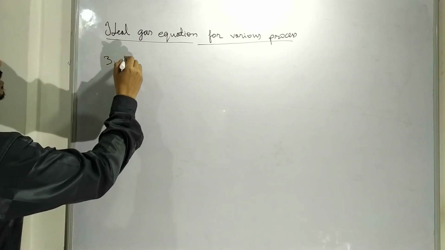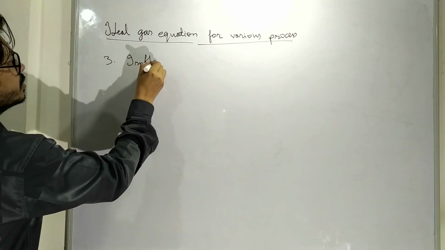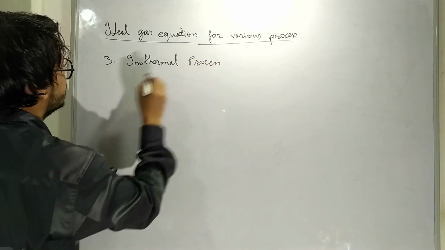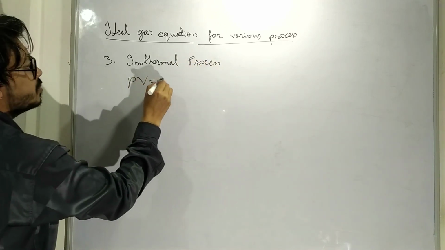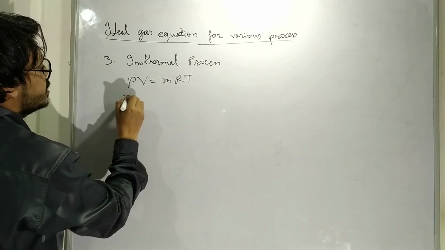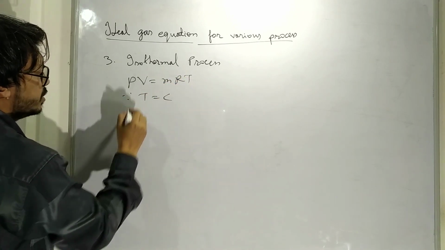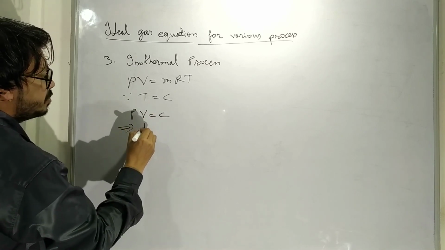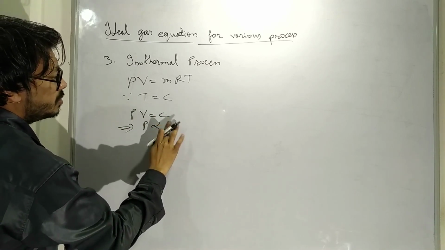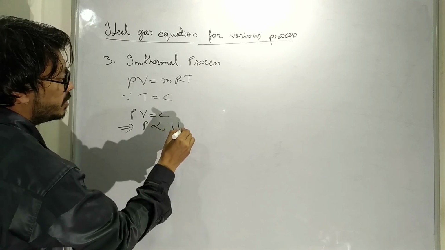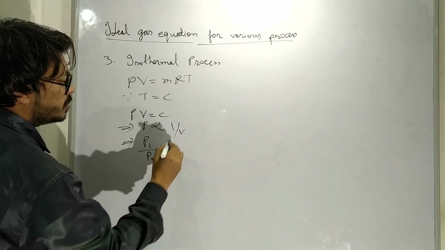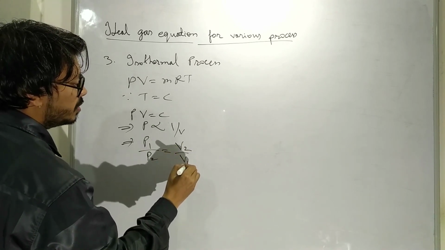Now, third one is isothermal process. PV equals mRT. Since T is constant, then PV equals constant. This implies P is inversely proportional to V. So P1 by P2 is equal to V2 by V1.